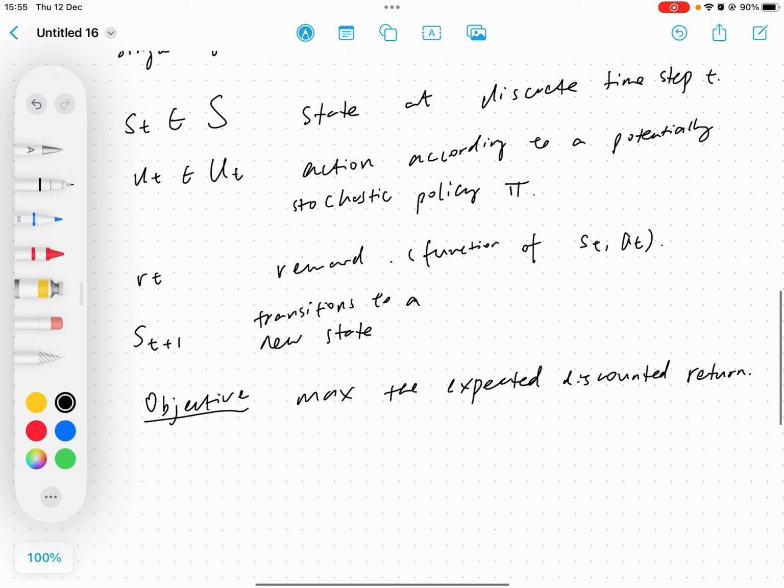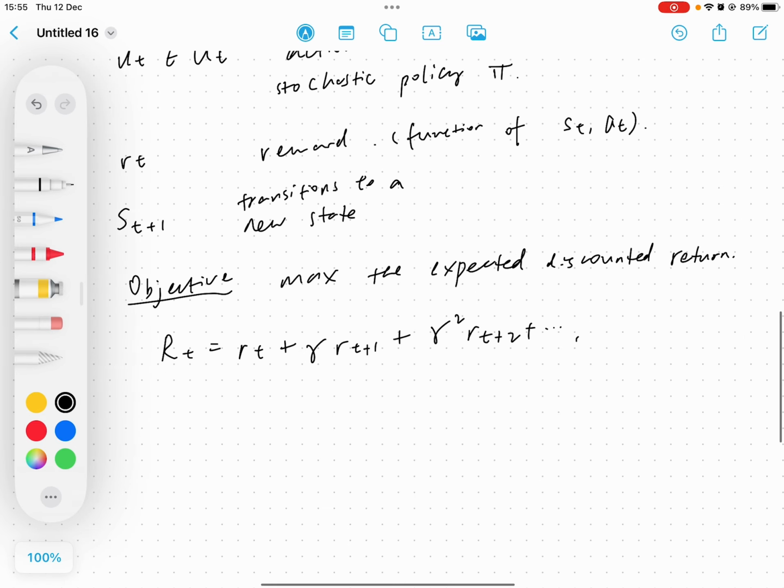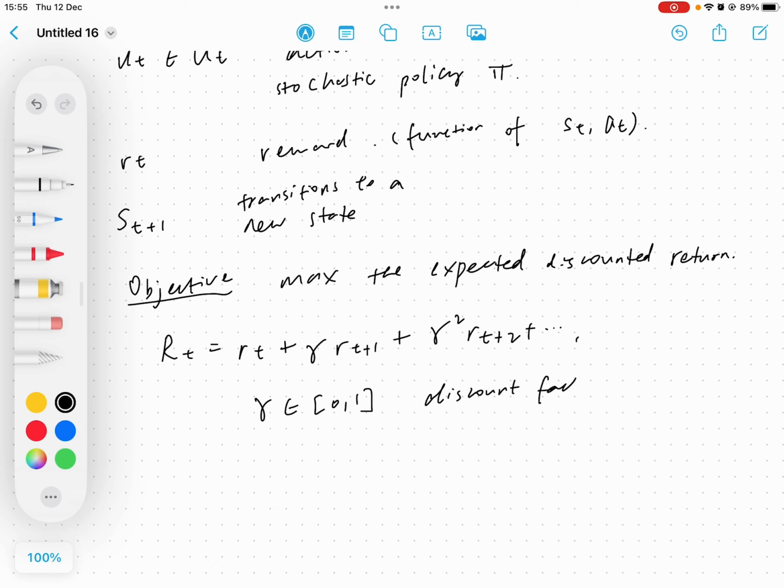So mathematically, we can write this as big R_t, which will be the summation of all those little r_t, plus gamma, which is the discount factor, times r_{t+1}, plus gamma squared r_{t+2}, dot dot dot. So r_t is the reward received at time t, and gamma is just the discount factor.